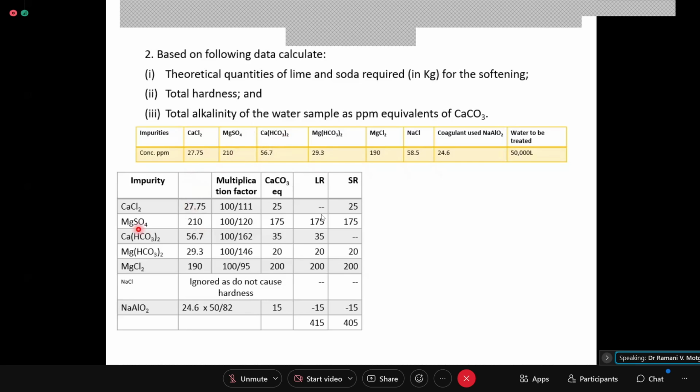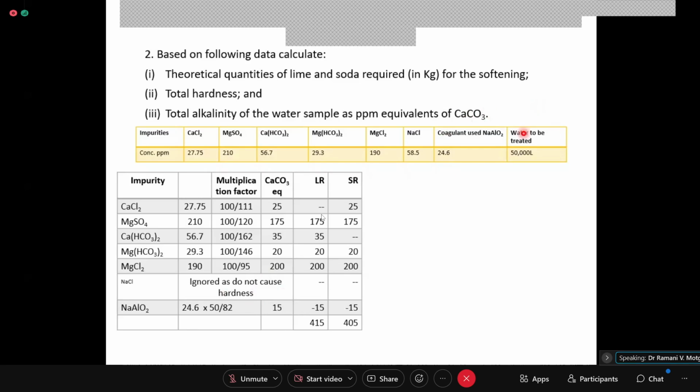Then calcium bicarbonate 56.7 ppm. Then magnesium bicarbonate 29.3 ppm. Magnesium chloride is 190 ppm. NaCl is given, but NaCl does not contribute to hardness. So we ignore this because it does not cause hardness.